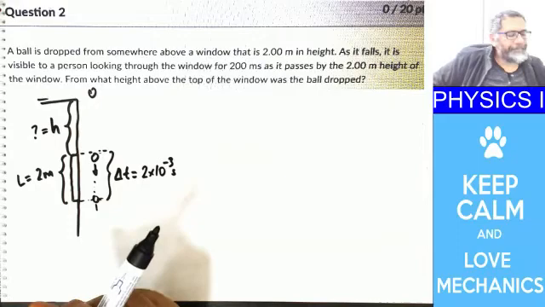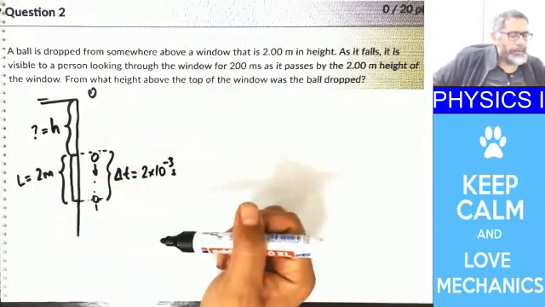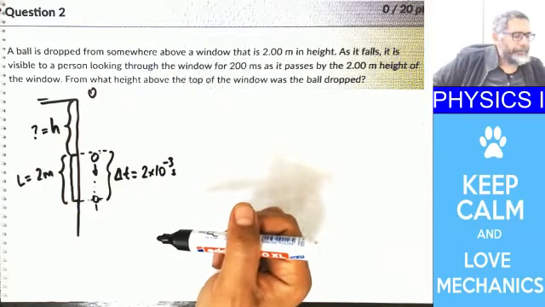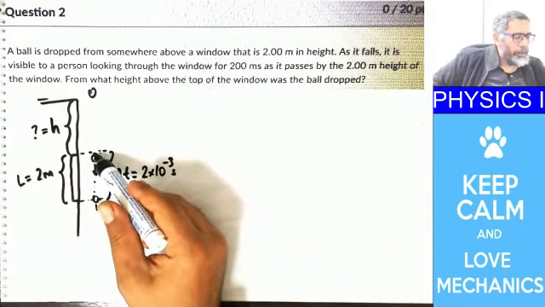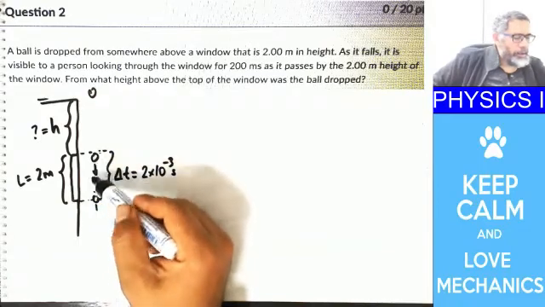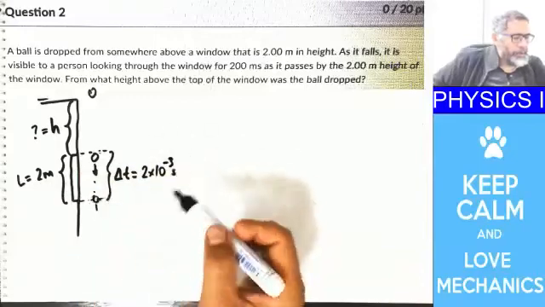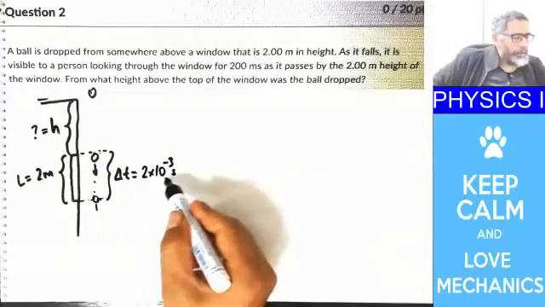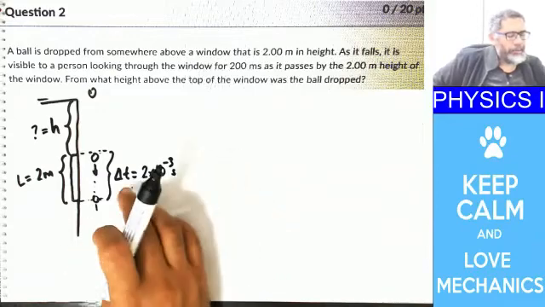Okay. And how do you solve it? So how do you find this h? Just with the knowledge that the ball passes this 2 meter distance in 2 milliseconds.